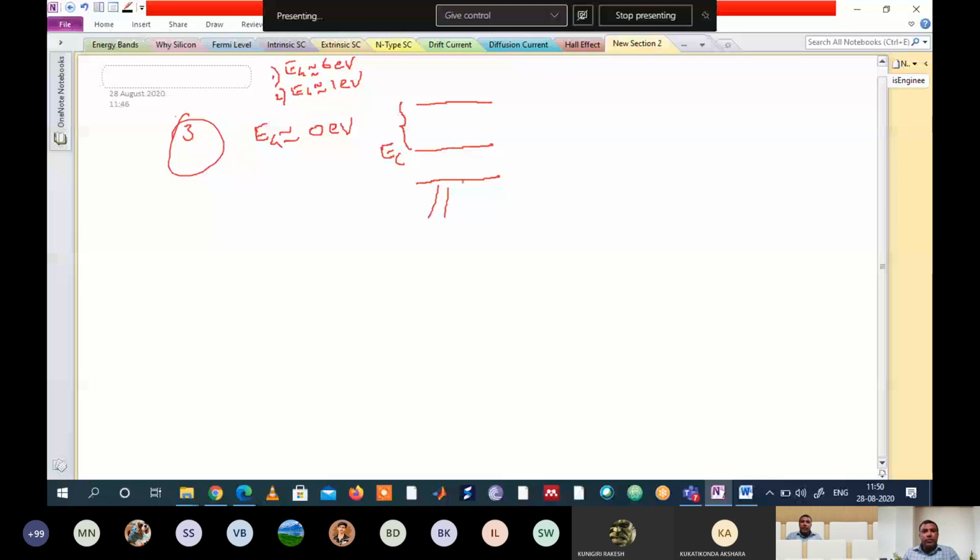From this point to this point, valence band lies. This is EV. Previously it is not like this. EV is below EC in the second case and first case. Now in the third case they have been overlapped. From this point to this point it is called EV, from this point to this point it is called EC. This is called overlapping of energy levels of conduction band and valence band.